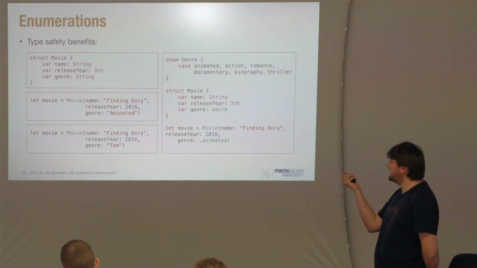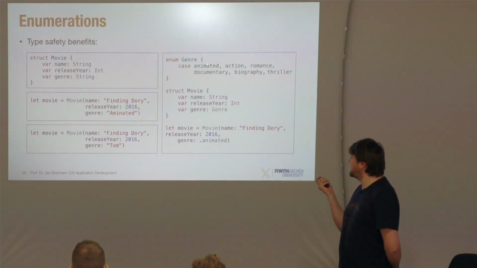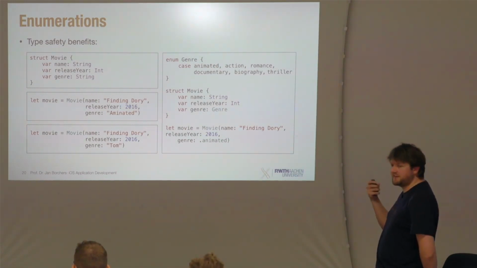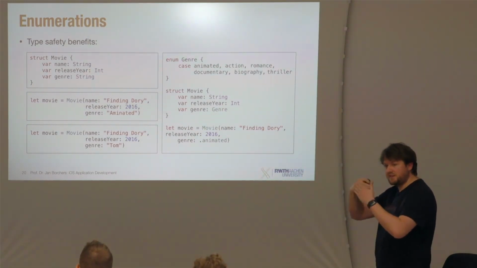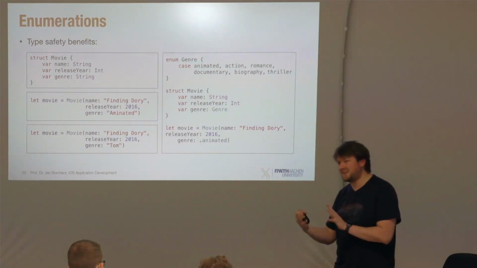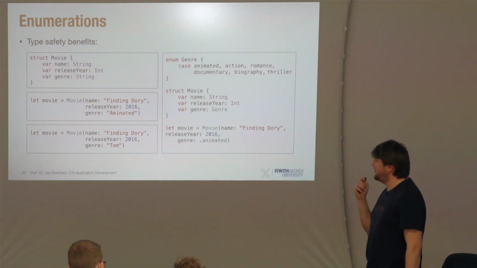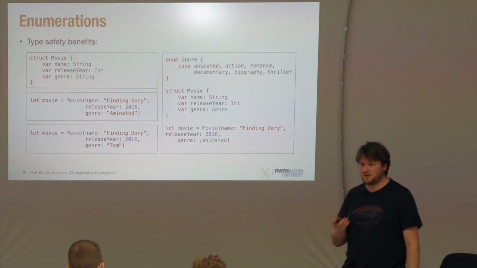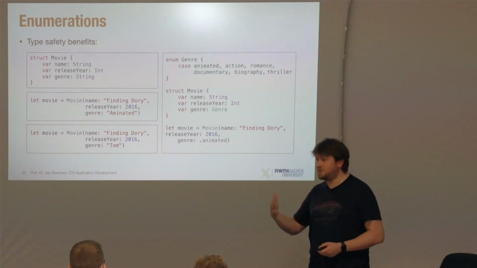For example, if animated equals 0, it would start from 0, action would be 1, romance 2, and so on. That is something you can work with. I'm not entirely sure, I haven't done that very often, but you can take a look at the enumerations.